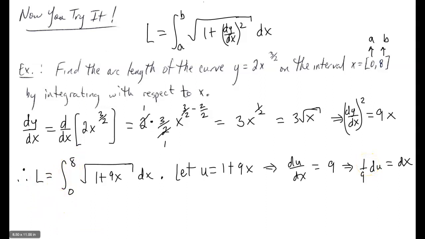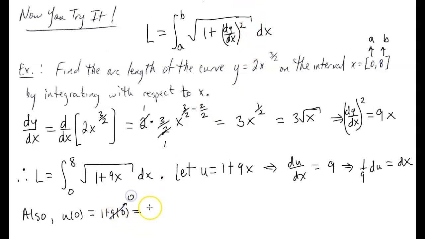Since we have limits of integration here, we might as well go ahead and substitute those in as well. So we know that u of 0 is going to be 1 plus 9 times 0, which will be equal to 1.